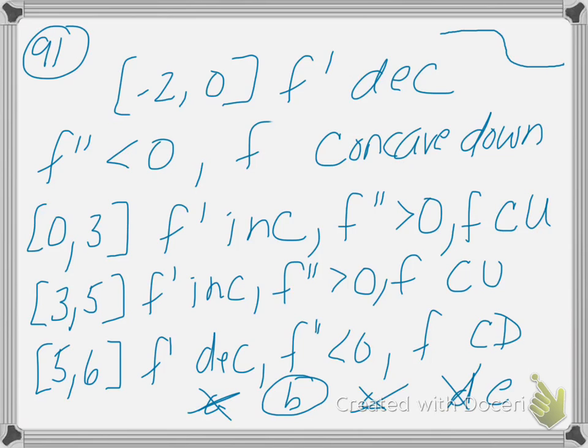Okay, so if it looks like that, then from here to here it's concave down, and then from here to here it's concave up. Yet there was no max or min. So therefore the only answer that would possibly make sense is choice B.